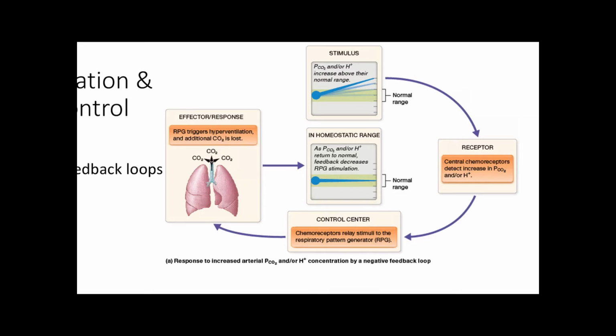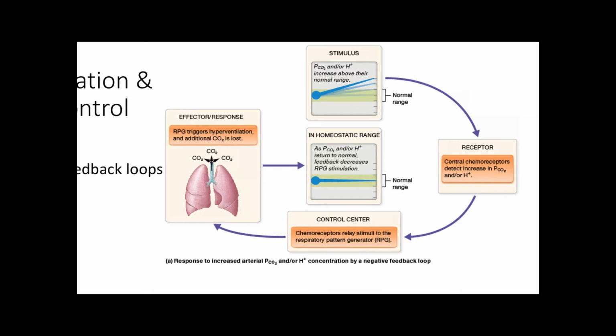So up at the top of the diagram here, we have our little meter, which is measuring the partial pressure of carbon dioxide. And as we know, carbon dioxide has an important role in terms of acid production and therefore changing pH within our blood and body fluids.